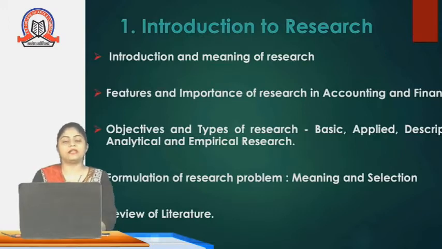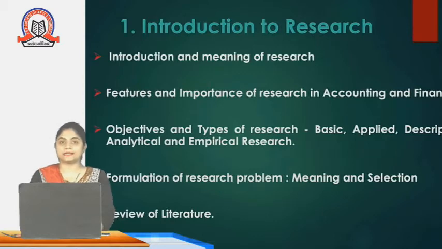Next, we will learn how to formulate the research problem, that is, how to select the title for doing the research, because it is said that once the problem is identified, it is half solved. So it is of utmost importance for the researcher to know what exactly the research problem is.